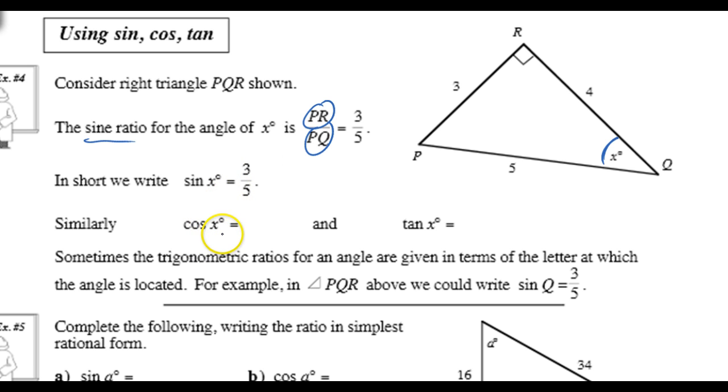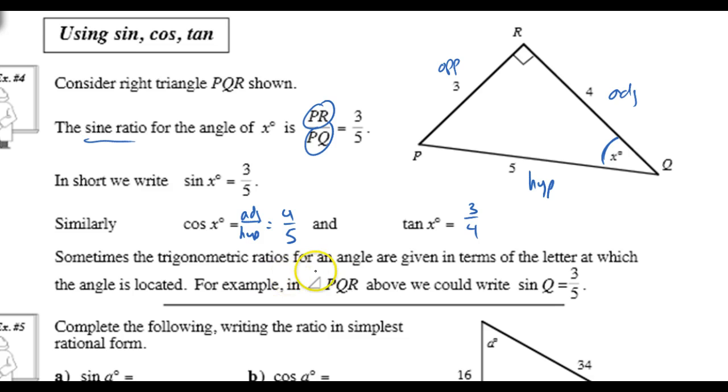Then cosine X is adjacent over hypotenuse. It might help to label these right away: adjacent, hypotenuse, and opposite. Now you can fill in your ratios. Adjacent over hypotenuse equals 4 over 5. Likewise, tan would be opposite over adjacent, 3 over 4.